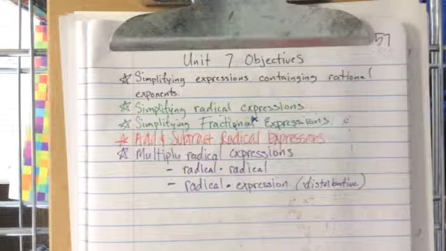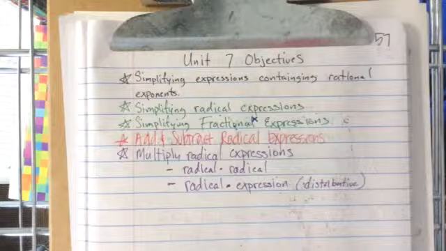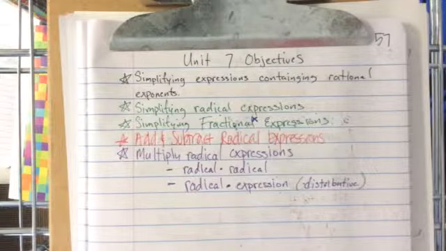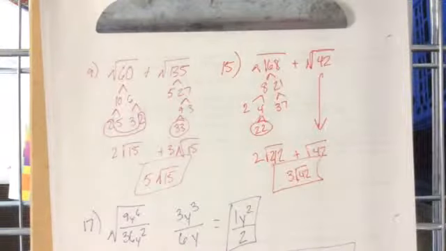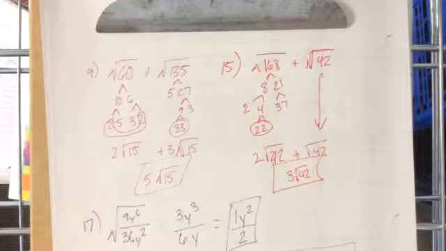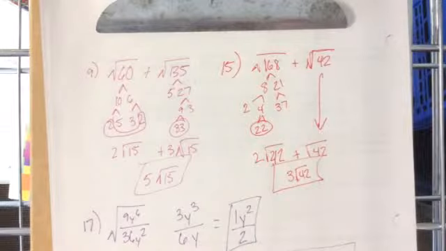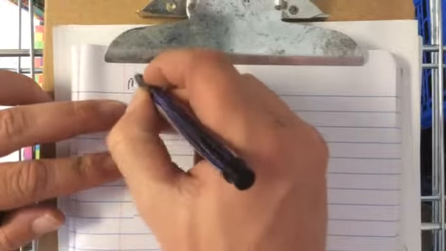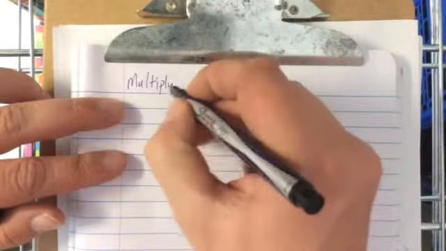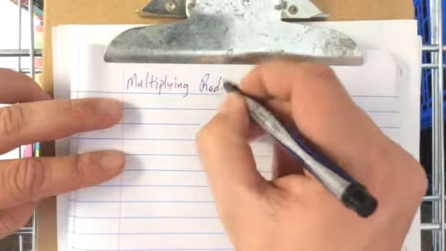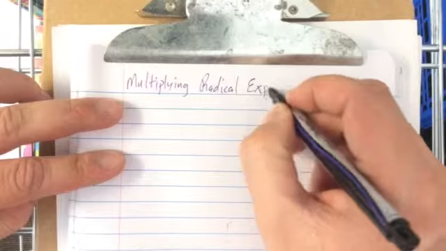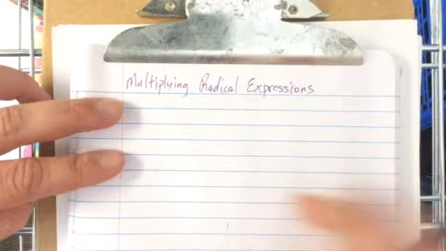So once we've got that written down, flip on over to page 63. And at the top, multiplying radical expressions.